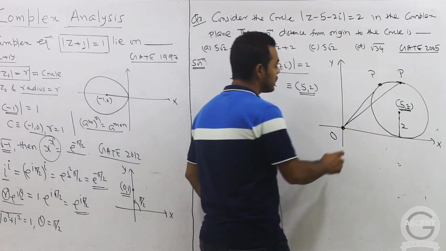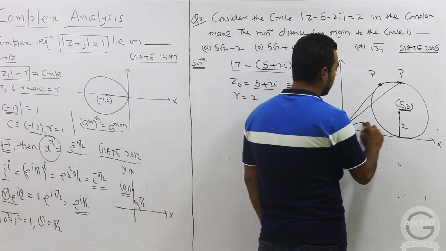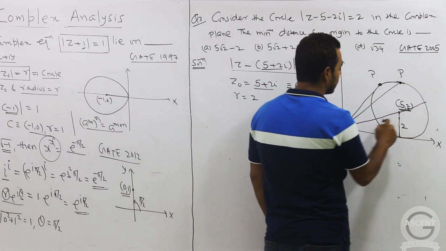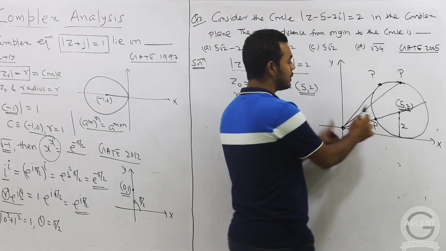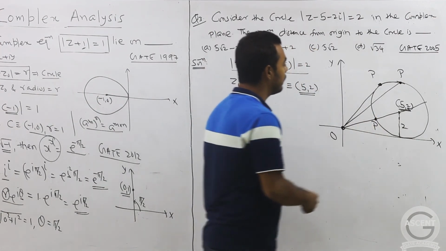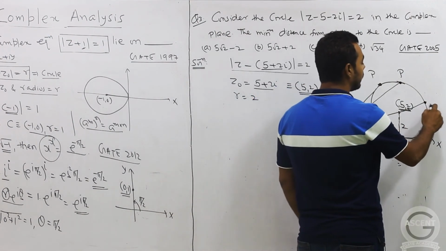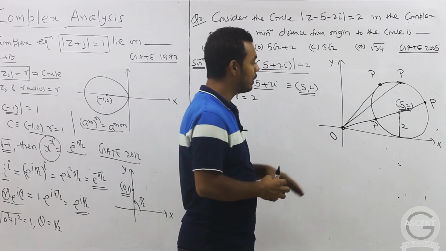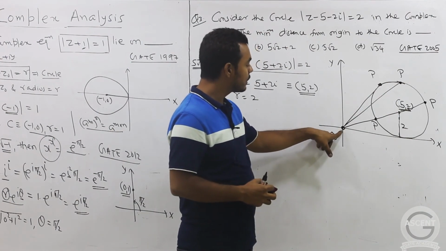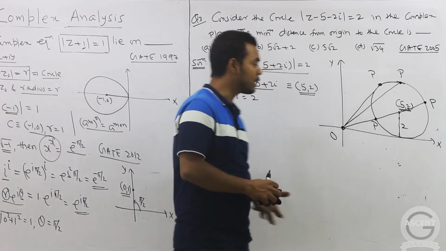So if I join the center of the circle and extend this, and say the point P is here, then this distance OP will be minimum, and if the point P is here, then the distance OP will be maximum. Maximum and minimum distance will always lie along the line joining this fixed point to the center of the circle.